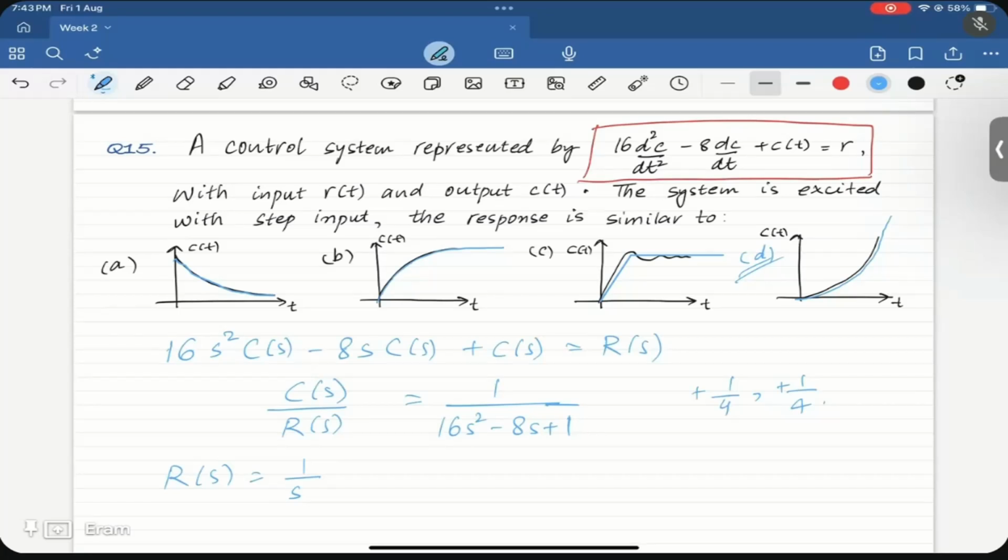So for this case also, we don't need to calculate the inverse Laplace or time response of this system. We just check the poles, and we got two poles on the right hand side. So that means the system is unstable for whatever input we provide. Okay.